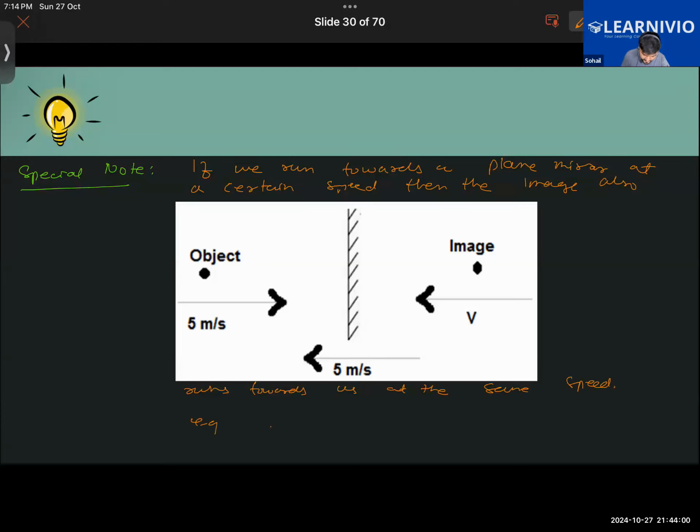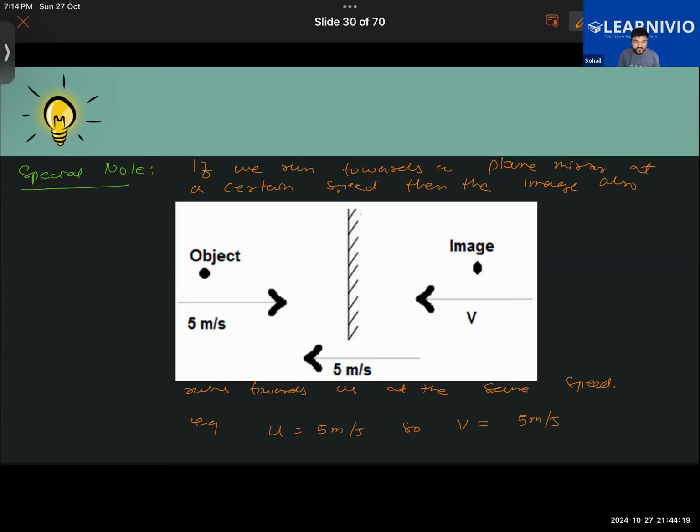Example, if u is 5 meters per second, v will also be 5 meters per second. u here represents the speed of the object, and v represents the speed of the image here.